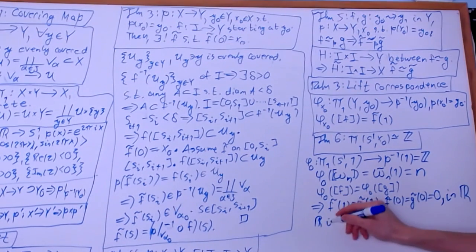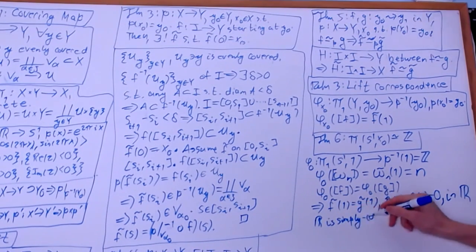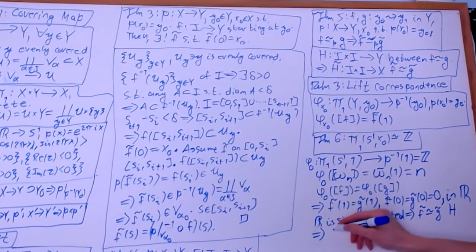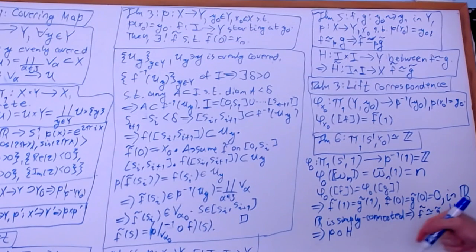R is simply connected. What does that mean? Well, it means that any two paths between the same two points are homotopic. So this means that f tilde is homotopic to g tilde. Well, let's go ahead and say they're homotopic by some homotopy H. Then we can construct the homotopy P composed H, the covering map composed H, which will be a homotopy between F and G, as you can check.